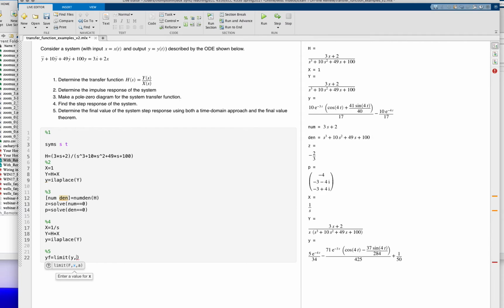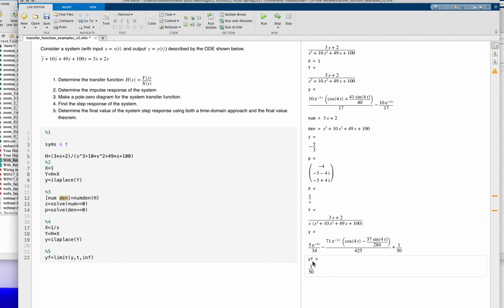We're looking at the time domain. t is the variable. That's why I had to define that in the syms command here. And we're going to go to infinity. That's how you would do that in MATLAB. And when we run that, we get the final value of 1 over 50 as we expected.